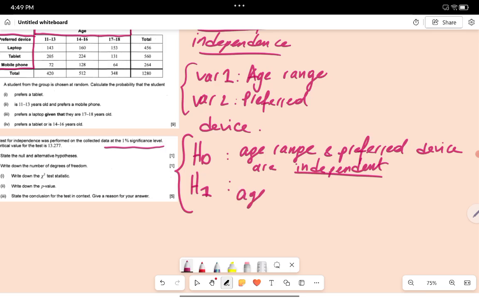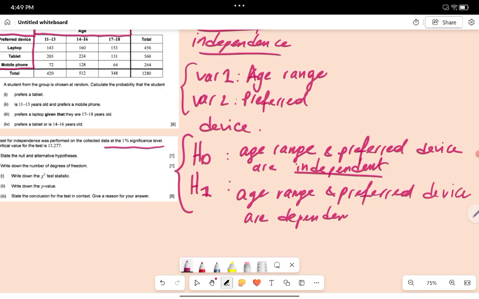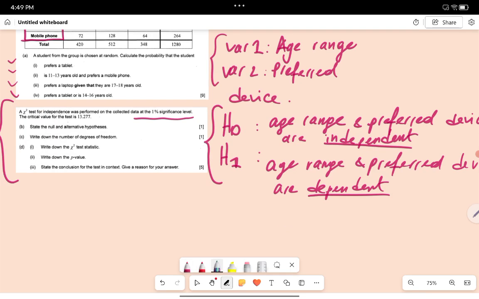So we would say: age range and preferred device are dependent. Okay. So this is what we're gonna test, and we don't know this yet, so that's the big question. And we're gonna do this with the chi-squared tests, as we've seen in class.